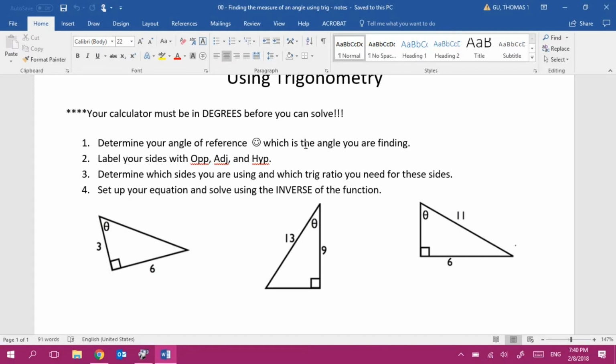Step 3, we're going to determine which sides we're using and which trig ratio you're going to need for those sides. And then finally, you're going to set up your equation and solve using the inverse of the function. Notice how it's in all caps so you don't mess it up. Inverse.